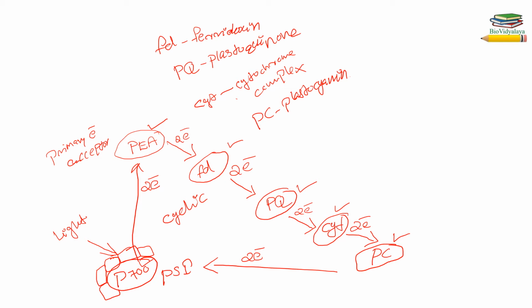When the electron is passing through the electron transport chain, from higher energy state to lower energy state, it releases extra energy. That energy is used for the synthesis of ATP. Here in this electron transport chain, ATP is synthesized at two places.